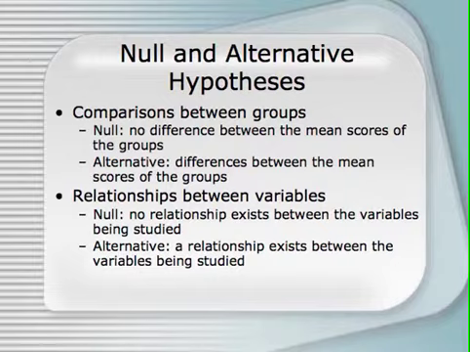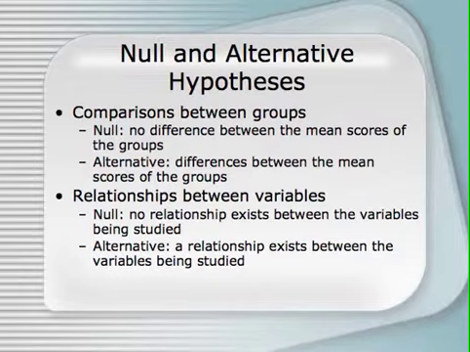So for example, if I'm looking at the impact of technology on 8th grade science students' learning, right? A null hypothesis would be that there is no difference between the control group and the experimental group for the 8th grade science students' learning.